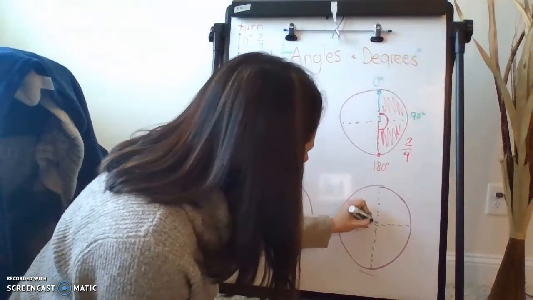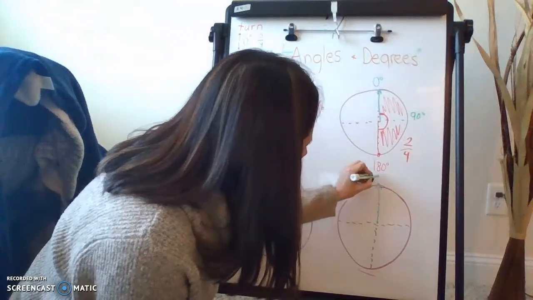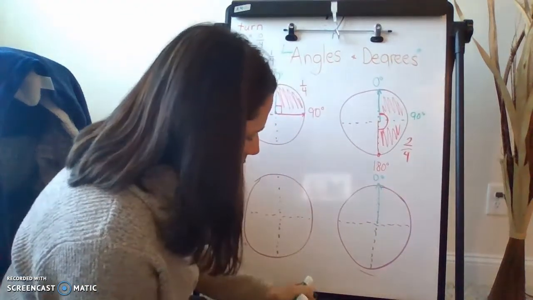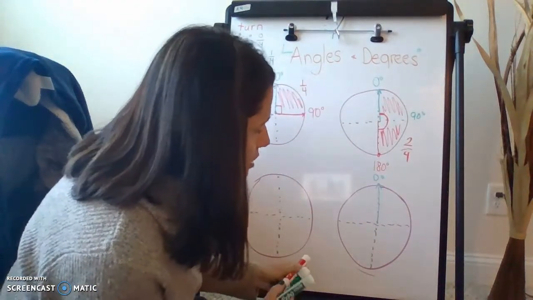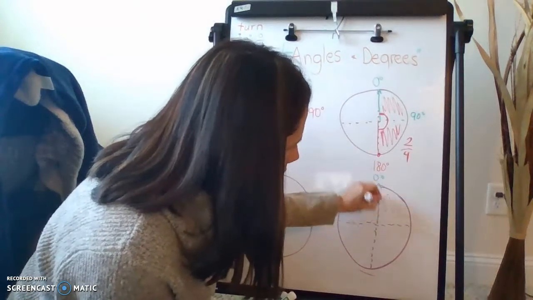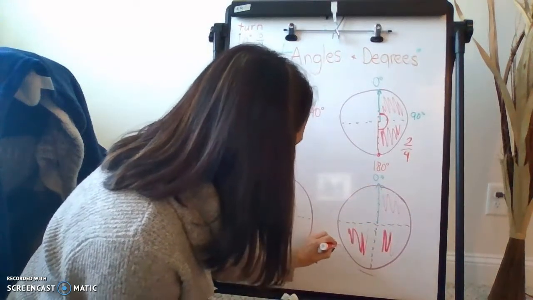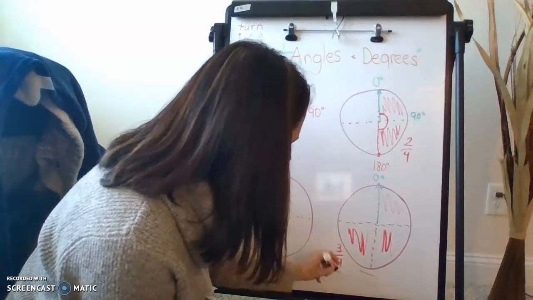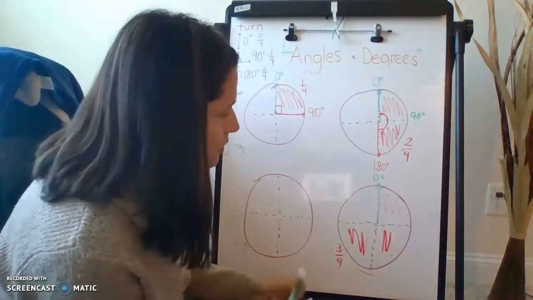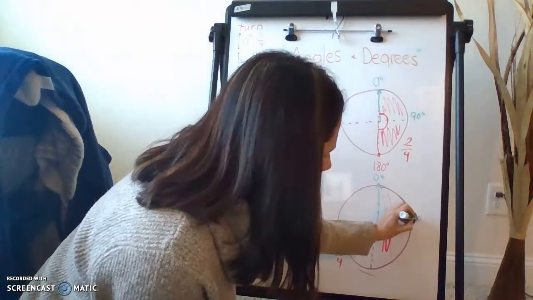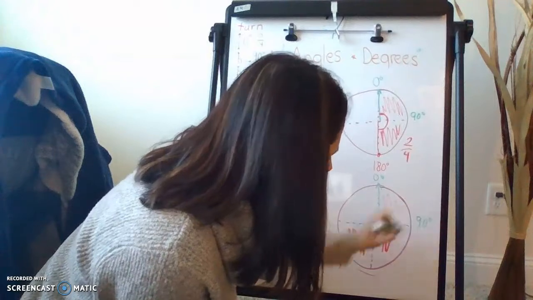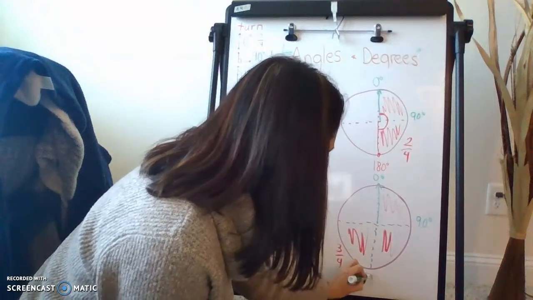We always start with our green marker here at 0 degrees. And we're going to go 3 turns. So it's 1, 2, 3. Now we're at 3 turns. We were at 90 degrees here, 180 degrees here.